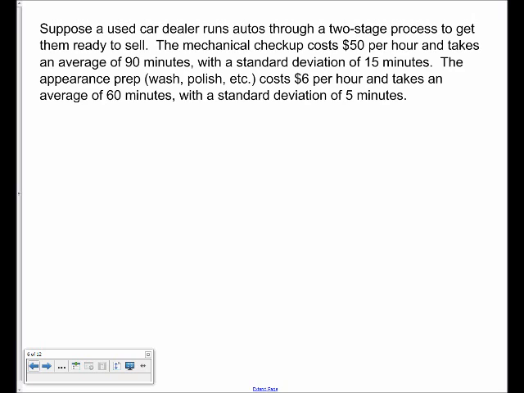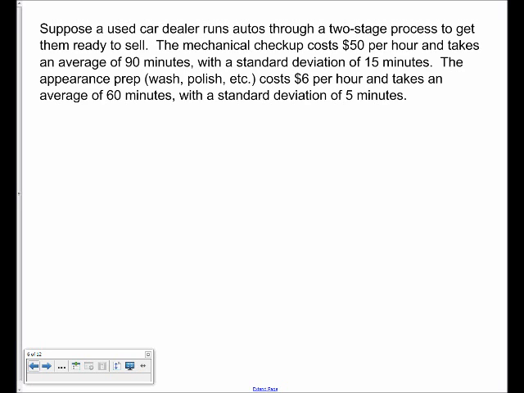All right, now there's one other thing we need to do before we get into this problem, and that's where we need to think about, are these two stages, these two different processes, independent events? What I'm saying is, if they're getting a car ready to sell at their used car dealership, is the time that it takes for them to get it mechanically ready, the mechanical checkup part, related to how long it's going to take to do the appearance prep, the car wash type prep?